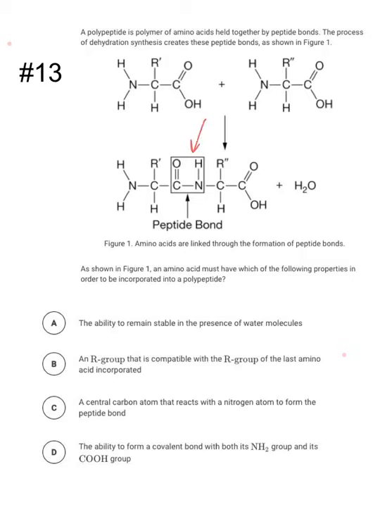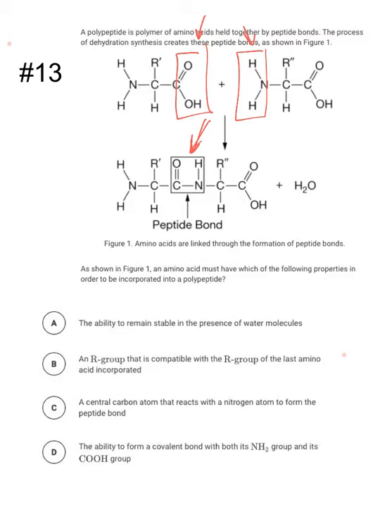So we're thinking of the properties of this amino acid. We have two groups on amino acids, all right? We have an amine group and we have a carboxylic acid or carbonyl group. These two groups come together and through dehydration synthesis, a peptide bond is formed.